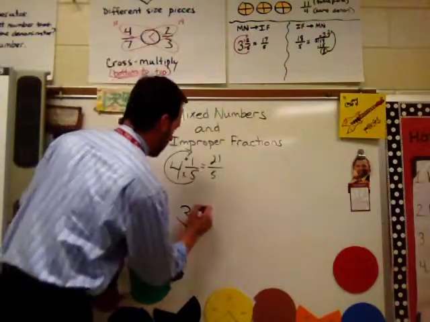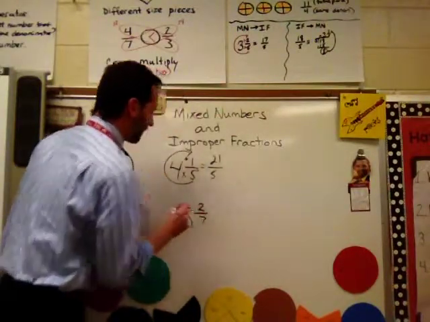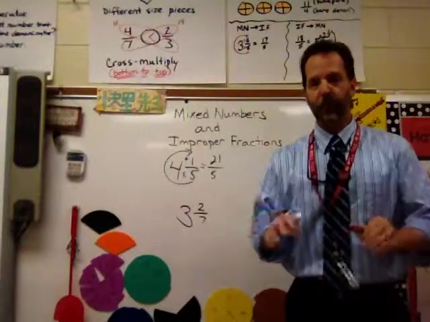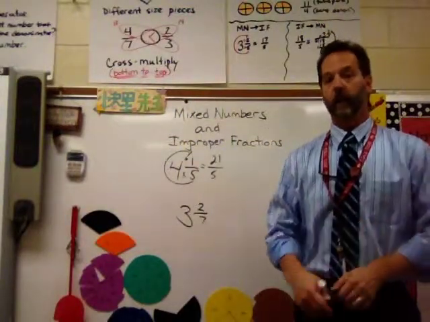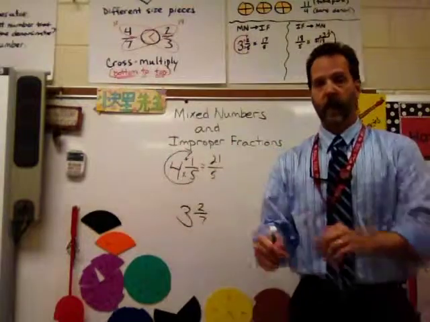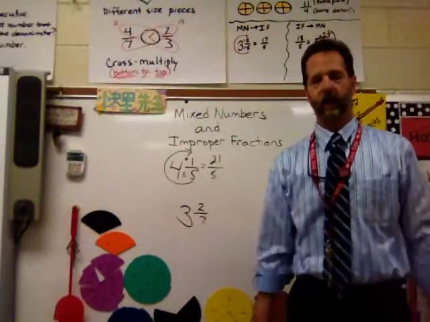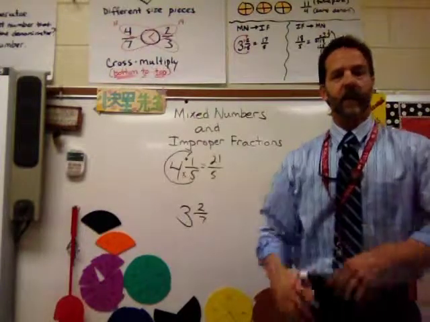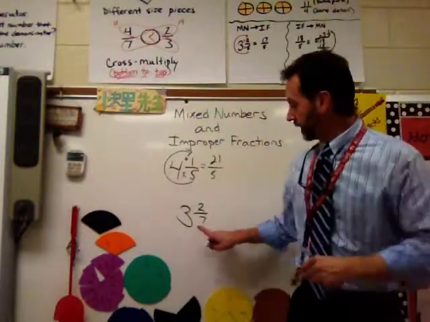3 and 2/7. Think about how many parts each picture is in. Now you have 3 whole ones and then 2 of them in the last one. Can you figure it out? Bet you got it. Each figure is in 7 parts.